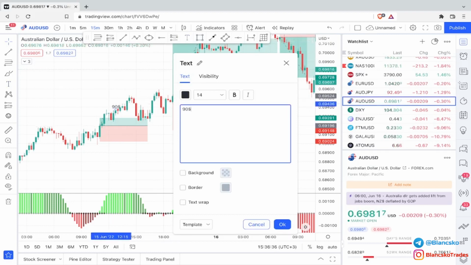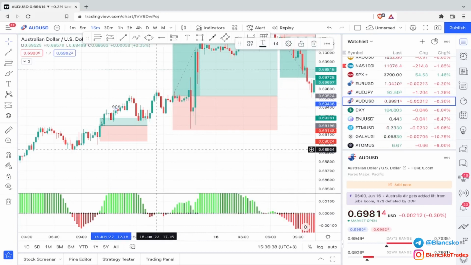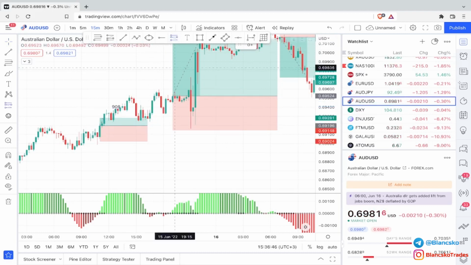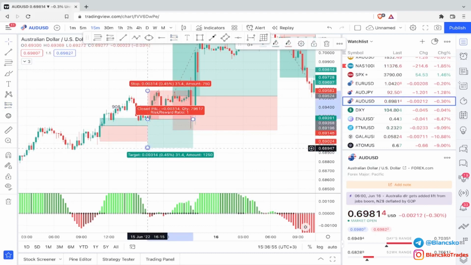And this is where things get a bit messy, and this might happen to you sometimes. This is where you would have closed in the negative, because we would have entered a sell right here after this small red bar printed, but no profits were made because we would have closed right on this candle right here.